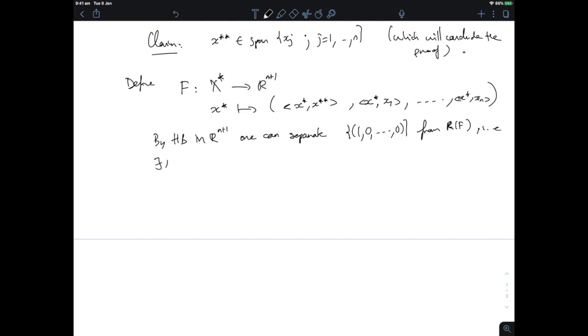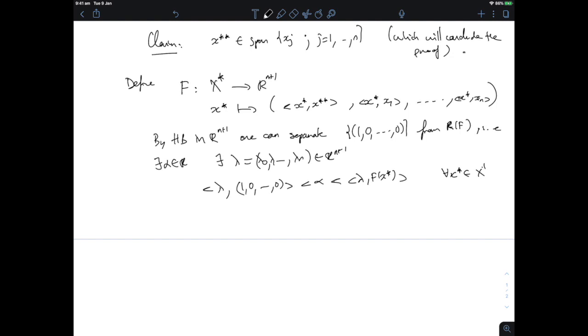That means that there exists an alpha, and there exists a lambda in R^(n+1) that defines my hyperplane, such that lambda inner product with the vector (1, 0, 0) is smaller than alpha, but lambda inner product with f of x star is greater than alpha for every x star in capital X star.